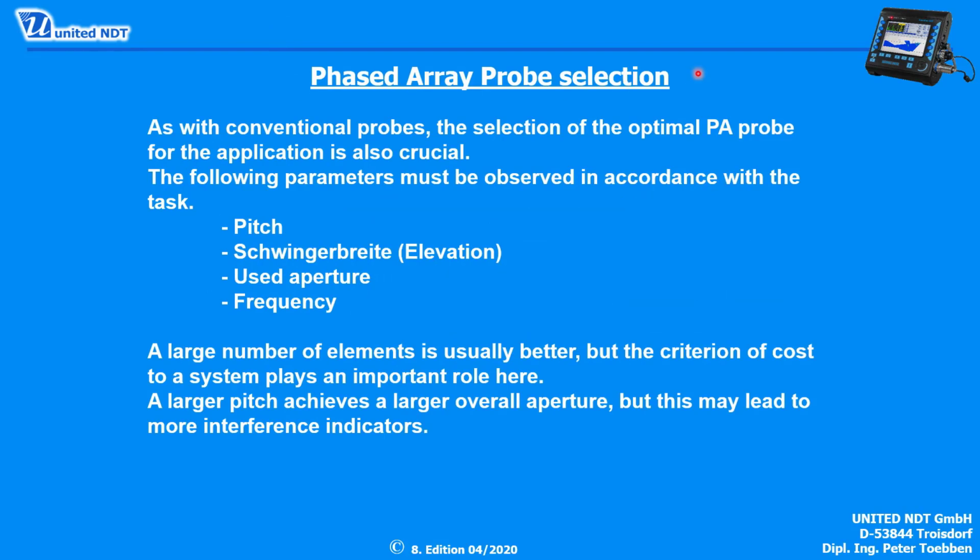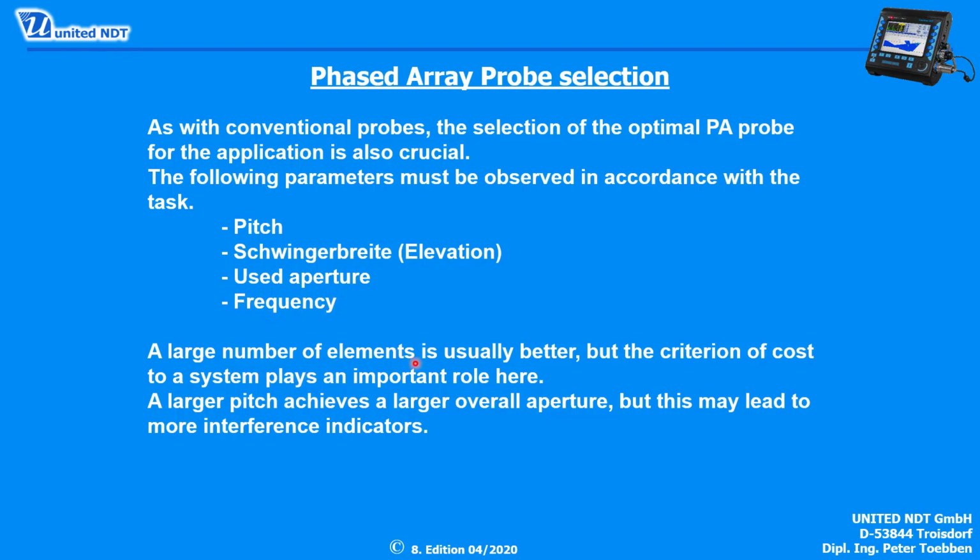Phased array probe selection. As for conventional probes, the selection of the PA probe is also very important. So one needs to look for the right pitch, the Schwingerbreite, it's the German word, it's the elevation. It actually means the width of the element, the used aperture from the array, how many elements you are using, and the frequency, of course, very important.